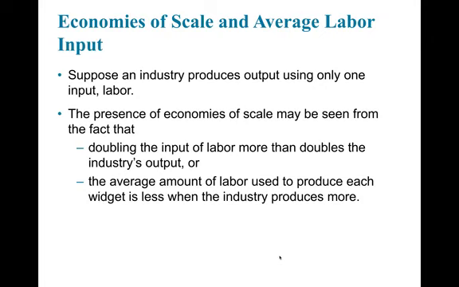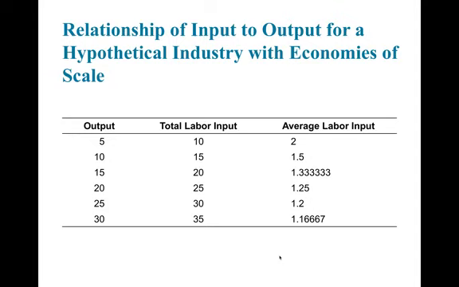But you can also see it as the average amount of labor used to produce each unit of output being less when the industry produces more. In this picture, for example, the first column is output.